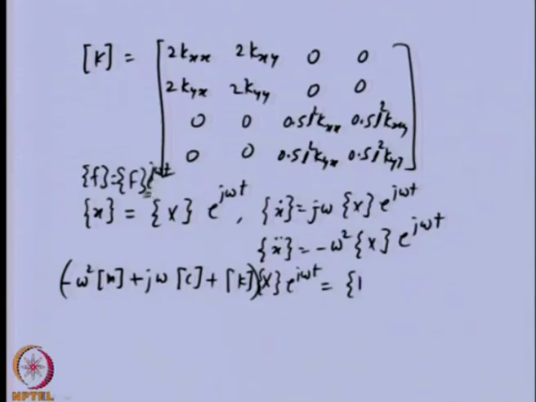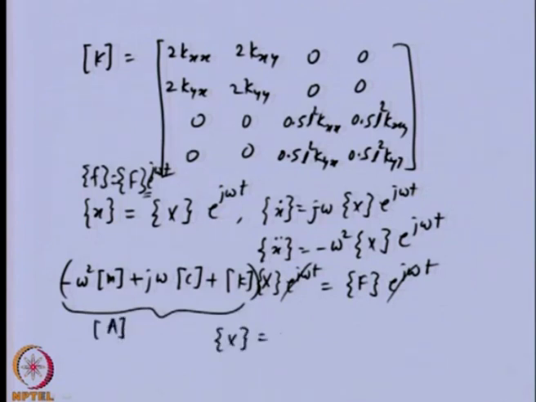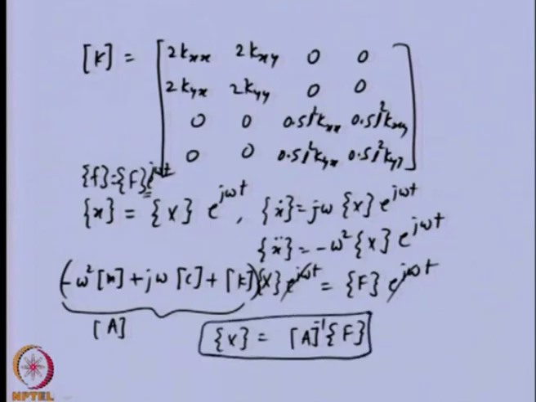So, this will give us e j omega t, so this will get cancelled. If we define this particular matrix as A, the unbalance response we can get as inverse of A into force. So, this is the solution for unbalance.